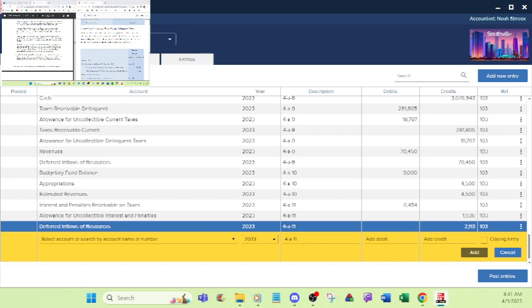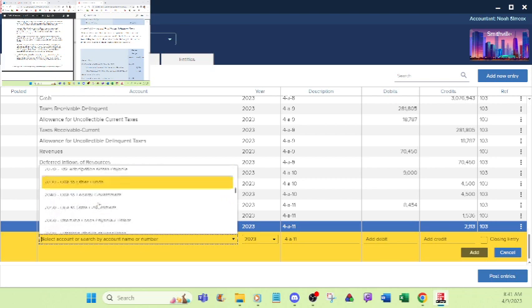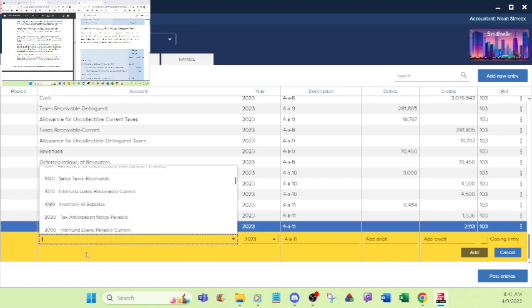These two numbers are analogous. So the remainder of it is going to be revenue. Interest. I don't know if it's going to be on here because it's going to be a specific revenue.